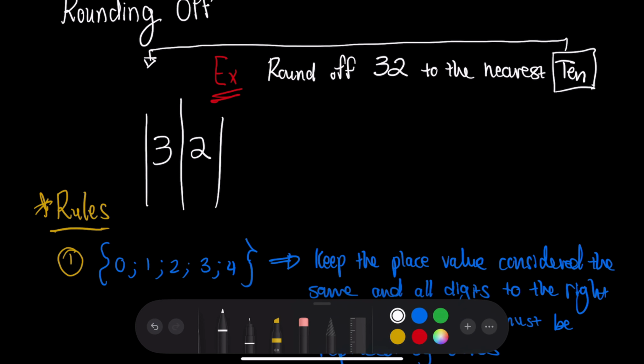I know that 2 is a unit. I know that 3 is a 10. Then I ask myself, this is asking me to round off to the nearest what? To the nearest 10.